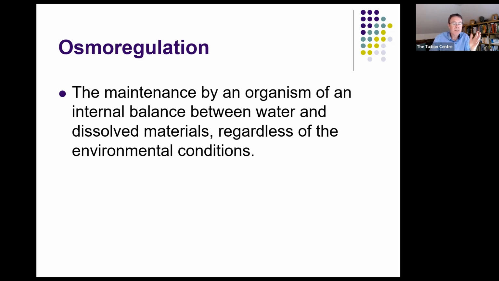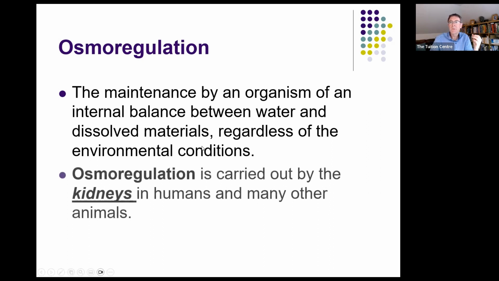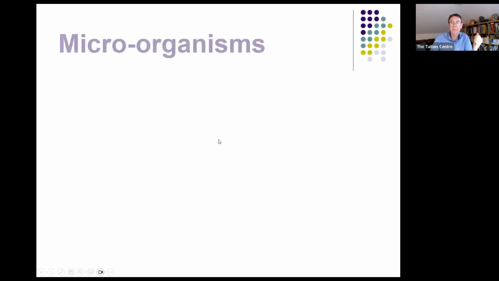So, for example, if you're swimming in the sea, your body is able to ensure that the internal water and salt levels are unaffected by the fact that you're immersed in salty water. Okay. So how it's done largely in humans is by the kidneys, and we'll come to that another time.